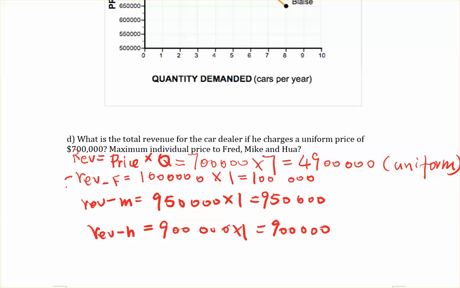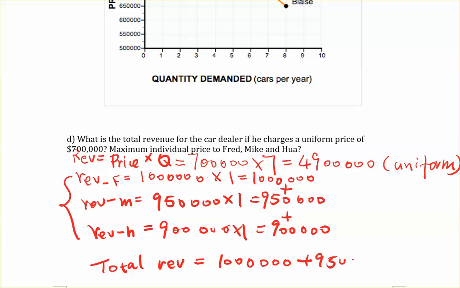Now you add all the revenue from each individual together, and you will get the total revenue equal to $1 million plus $950,000 plus $900,000, and then what we'll get.